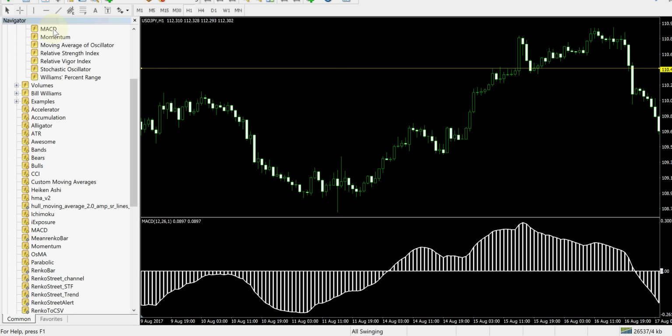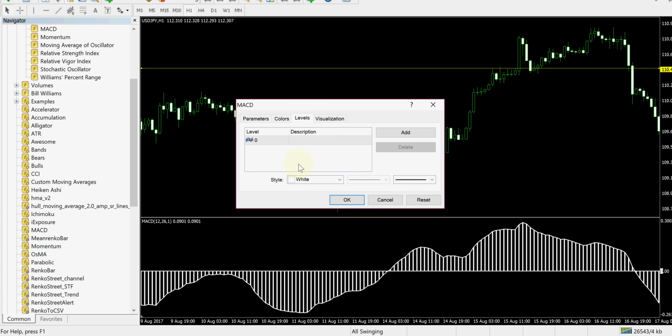Now we want to add a second MACD, but you will not just drop it on the chart, and you will not just say attach to chart. No, you drag it on top of the current MACD that we already have here, and then you put in its own parameters, which are 5, 15, 1.